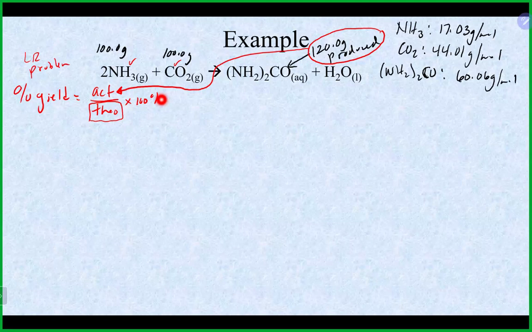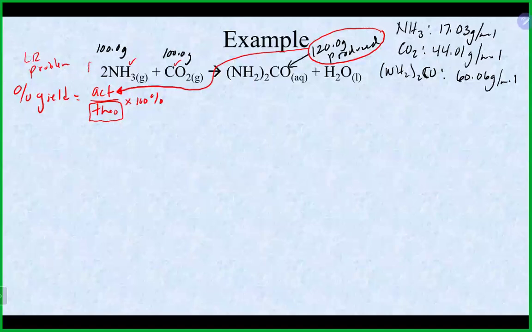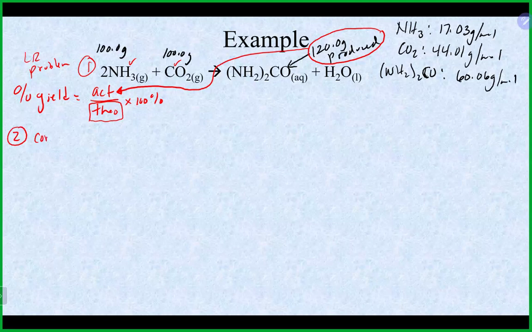So our first two steps, as we've been talking about, are our normal steps where we get our equation and its balance. We're then going to take each of our reactants that were given to us and convert them to moles, which is our next step along the way. So we have 100 grams of NH3, and again, using that molar mass from the previous problem, 17.03 grams per mole of NH3 will get us into our moles.